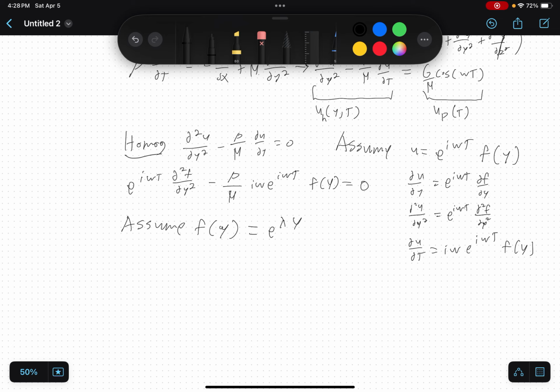So we plug this in, I'll write out the derivatives. df/dy equals lambda e to the lambda y, d squared f over dy squared equals lambda squared e to the lambda y. You just bring down a lambda for each derivative.